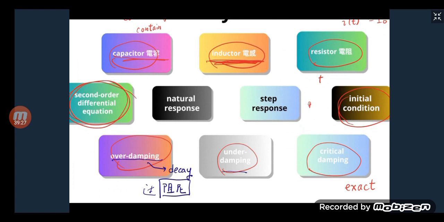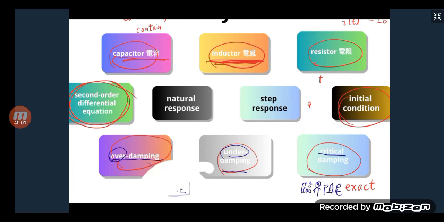Underdamping, I don't know how underdamping is translated. It's because over is the opposite of under, and the critical is 临界阻. But you just have to know that their Chinese translation is like this.